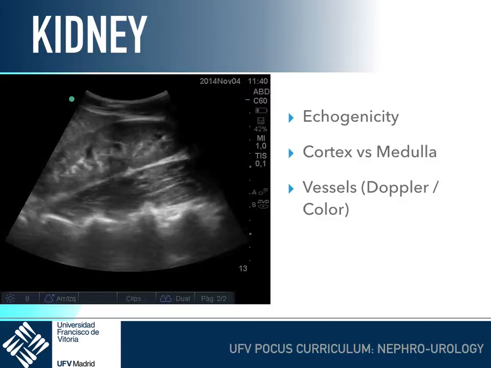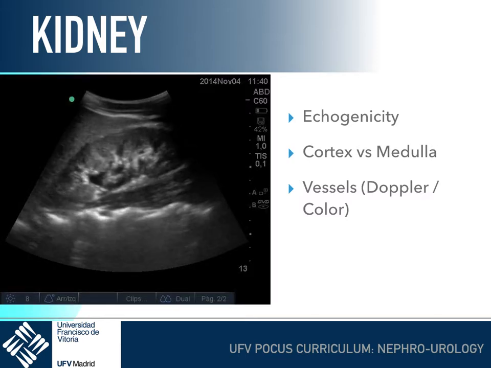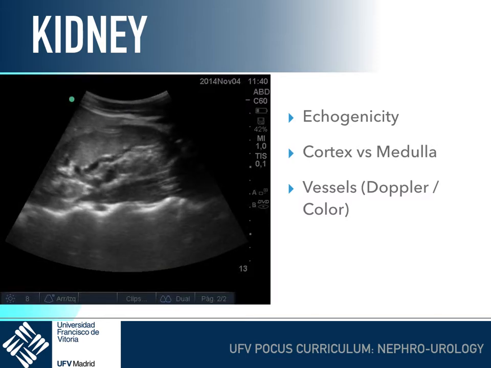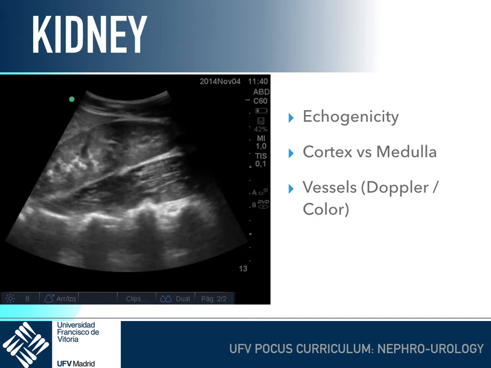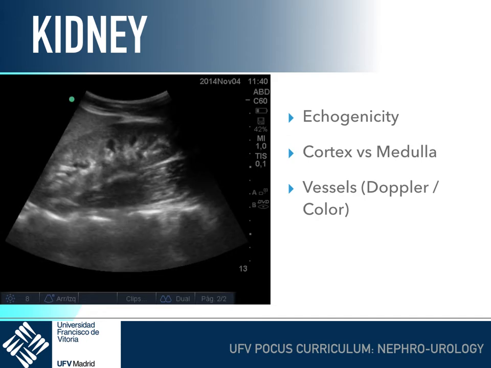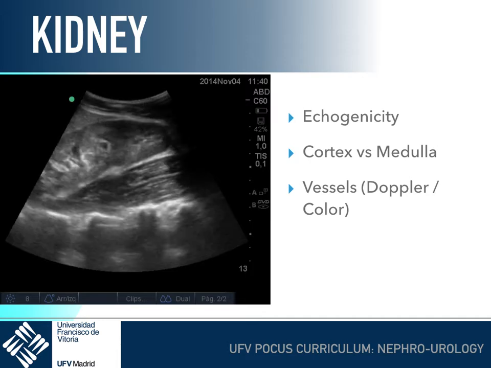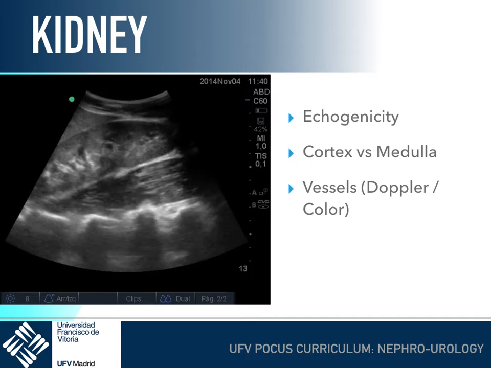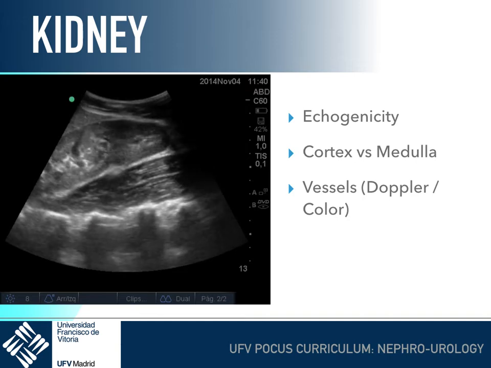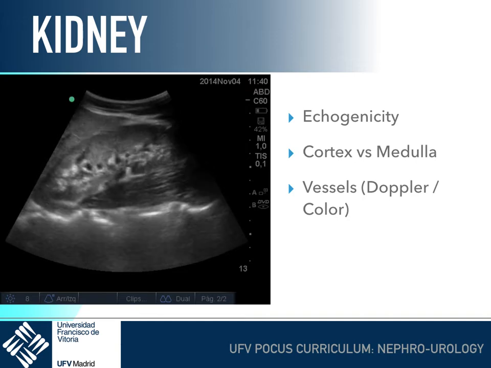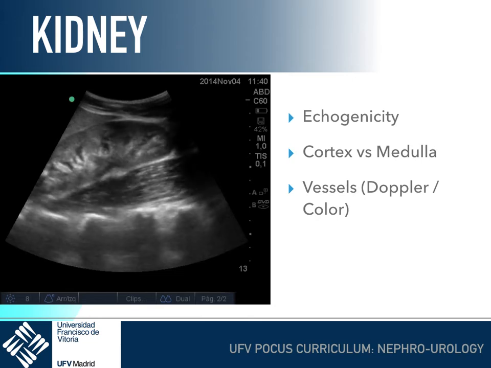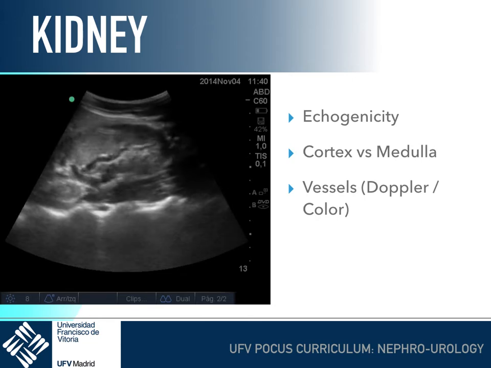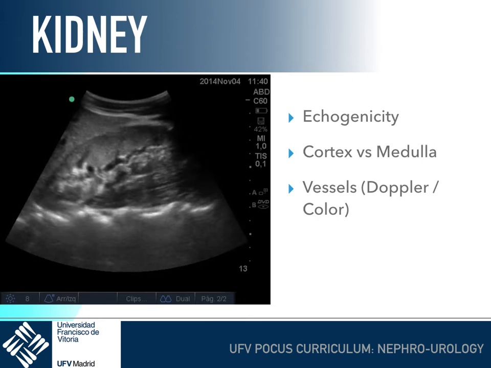The sonoanatomy of the kidneys is really easy to assess because there are two structures with a particular echogenicity. They're surrounded by spleen or liver, depending on whether this is on the left or the right side, and there are two different components inside the kidney itself.